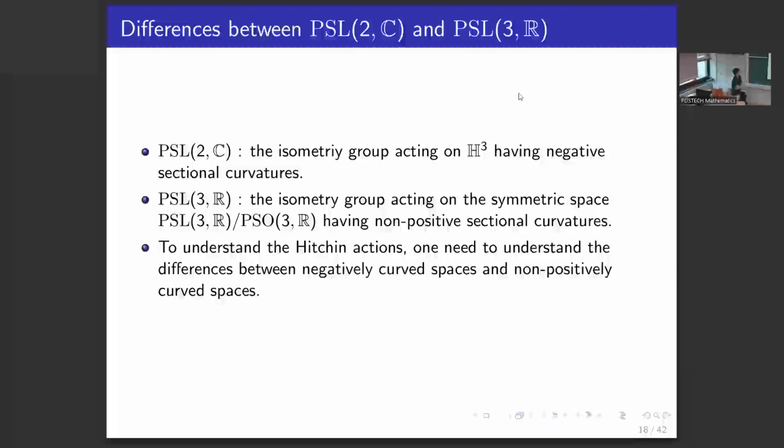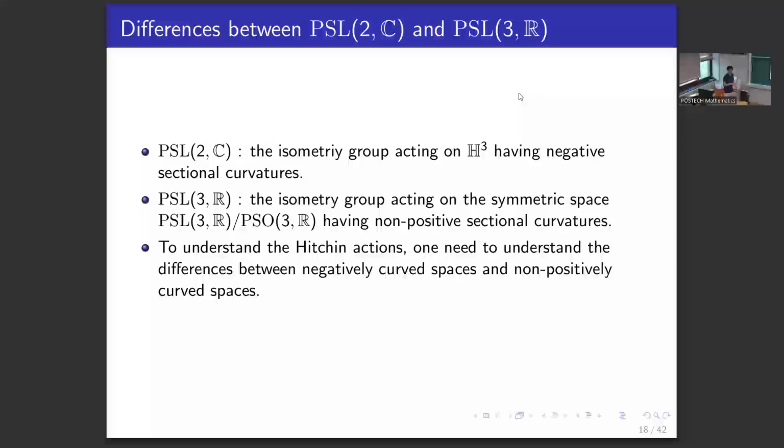Okay. So what is the difference between PSL2C and SL3R? This is an example. PSL2C is just an isometry group acting on hyperbolic 3-space, so it has some kind of hyperbolicity. But PSL3R is the isometry group acting on the symmetric space, and this symmetric space has non-positive sectional curvature.